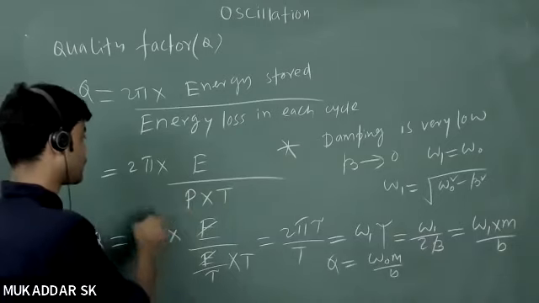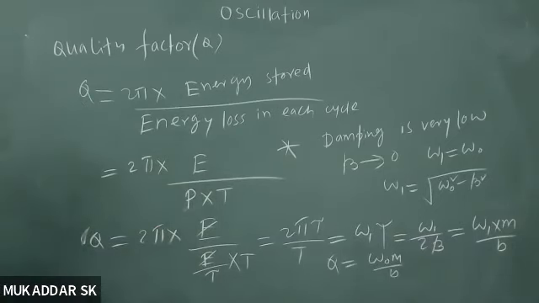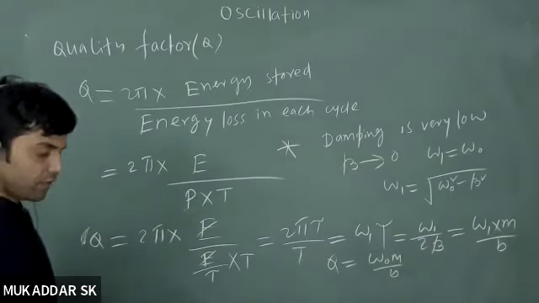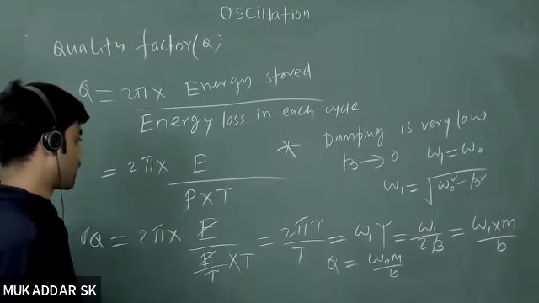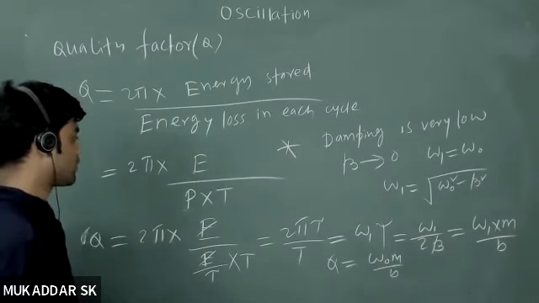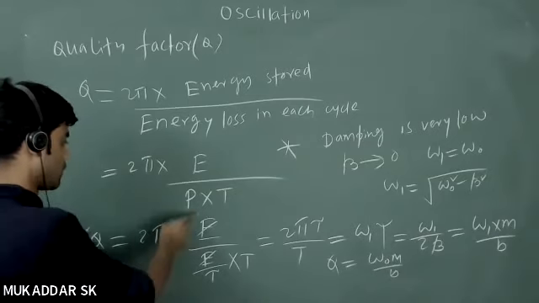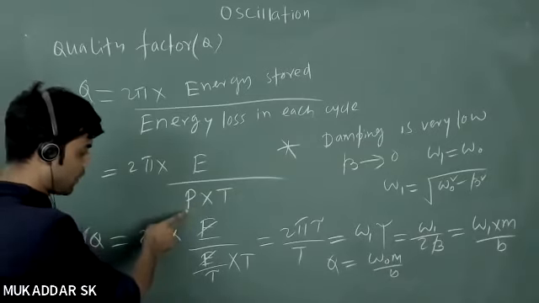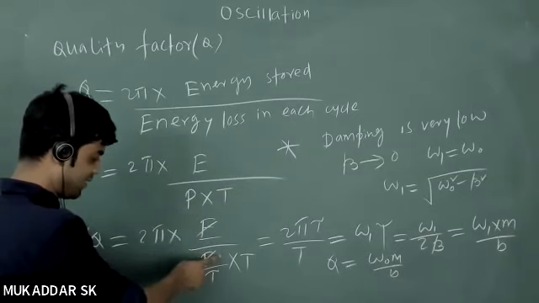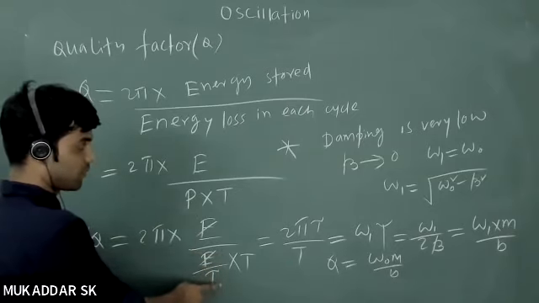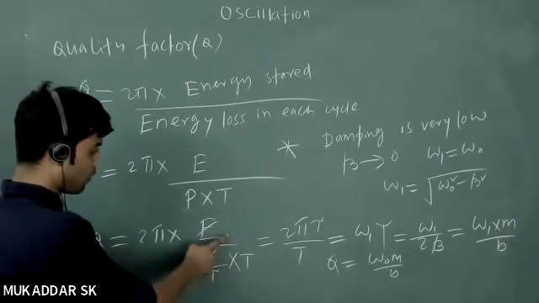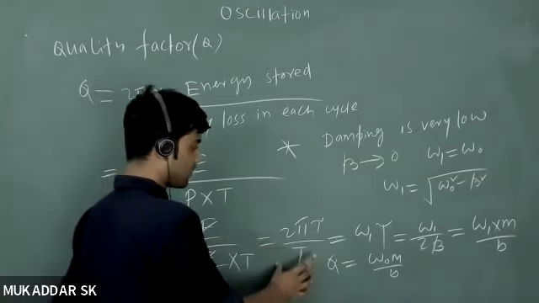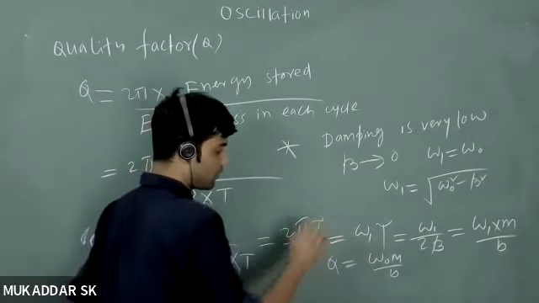So P, just now we have defined. P is actually power dissipation, the rate of energy dissipation. Just now we derived that it is nothing but energy stored divided by relaxation time. This will be cancelled, relaxation time will go upper, and 2 pi by T is nothing but the angular frequency, which under the damped case will be omega 1.